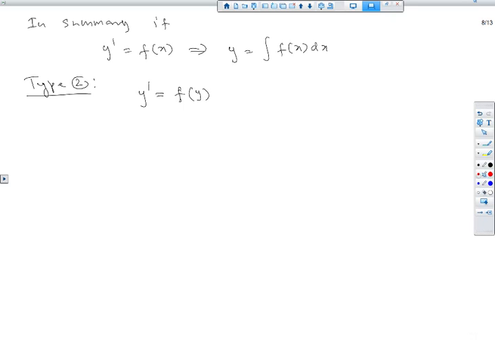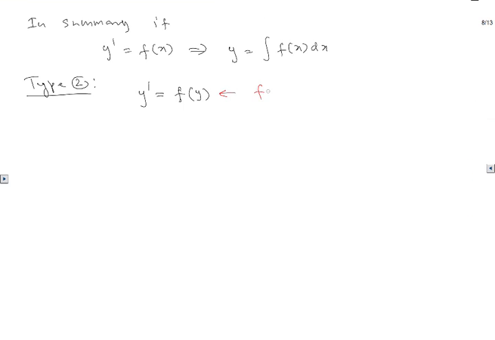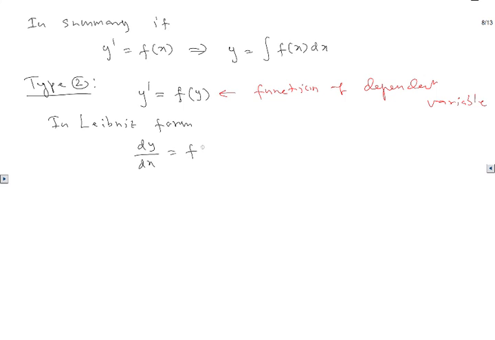So this time, let's write this in Leibniz form: dy over dx equals f(y).